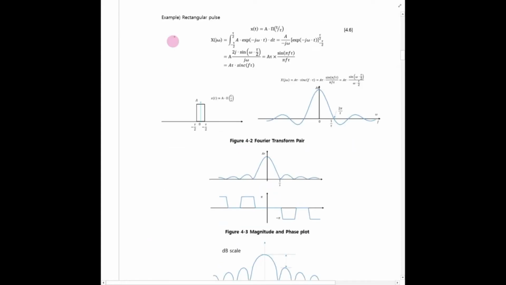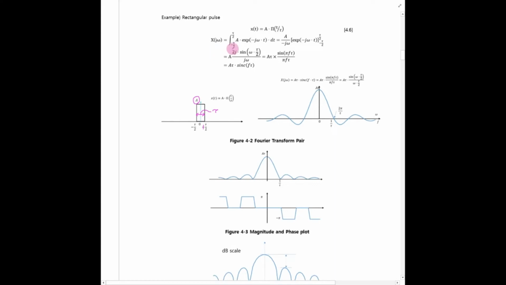Here shows an example, a rectangular pulse. We already talked about this one, so this should be positive. It is 0 all the way except this period. Magnitude is a, and this time is tau. Okay.